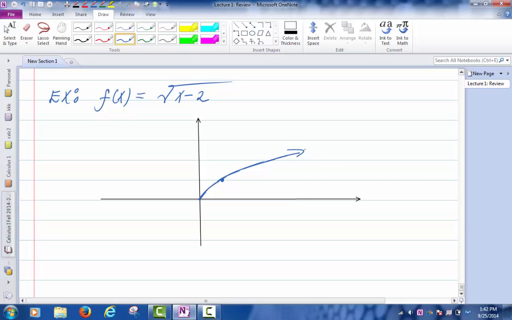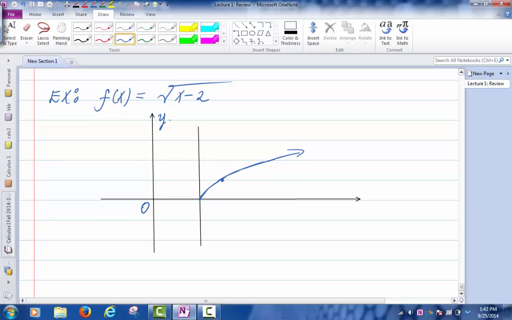I should be shifting the graph of root x by 2 units to the right. So let's fix that, and I'm going to cheat a little bit. I am going to move my axis here.